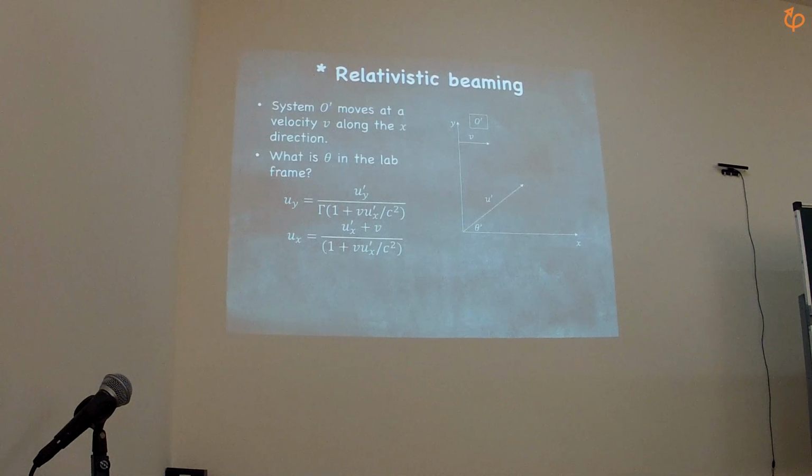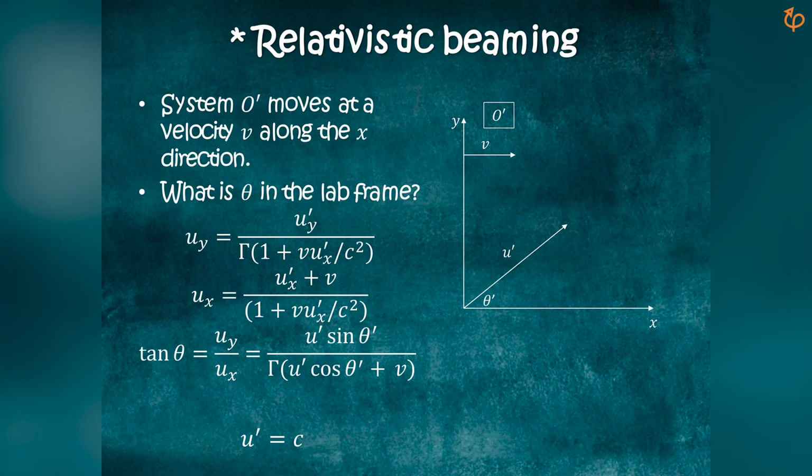If you do this exercise, assume that you have some system that is moving at a velocity v relative to the lab frame, and within this system is basically the blob. I'm taking particles and shooting them at an angle theta from the direction of motion.